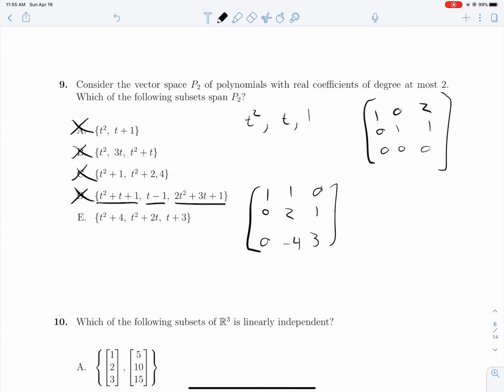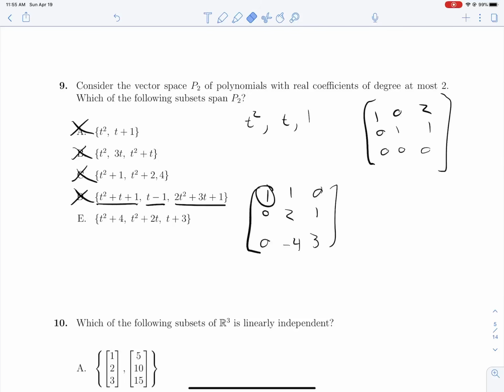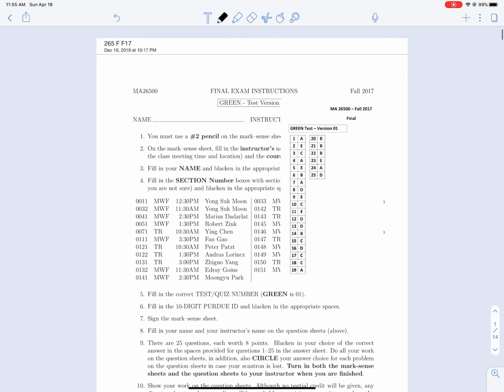And since we have a pivot here, and these two sets of terms are not linear combinations of each other, we are perfectly good, because if we add 2 row 2s to row 3, we get 0 and 5. So those are our 3 pivot positions, and we span P2 with option E.